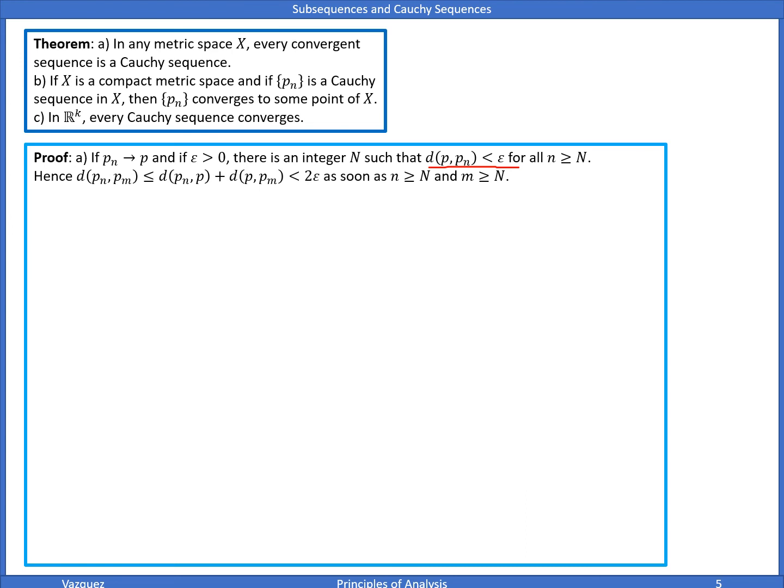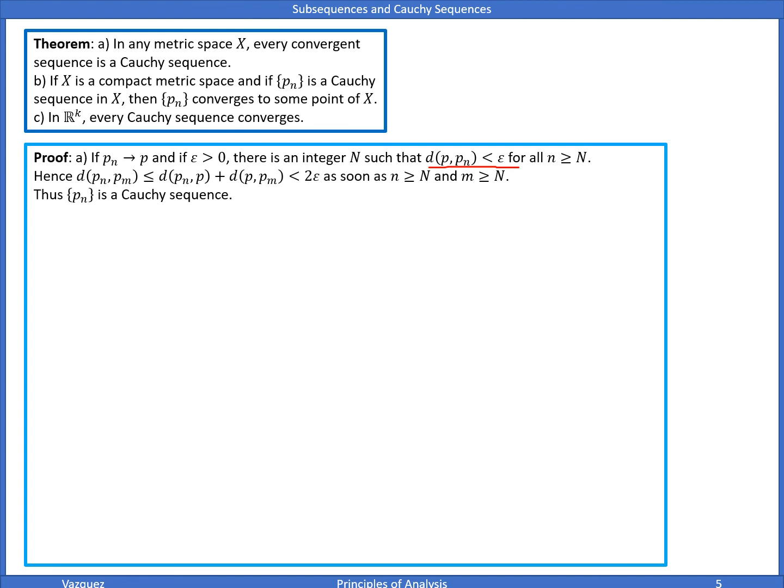Therefore, the distance between P sub n and P sub m, by the triangle inequality, is less than the distance between P sub n and P plus the distance between P and P sub m, which is less than 2 times epsilon. Epsilon is arbitrary, so we get that P sub n is a Cauchy sequence.